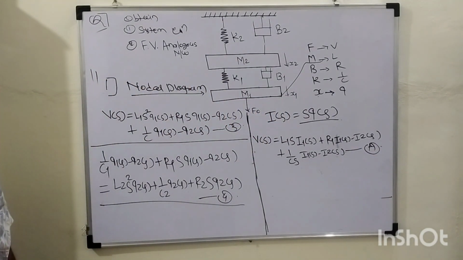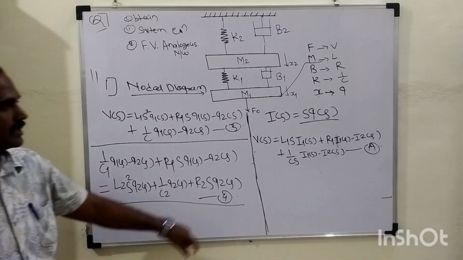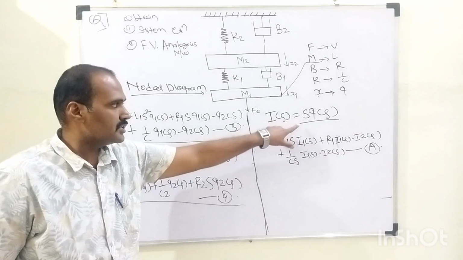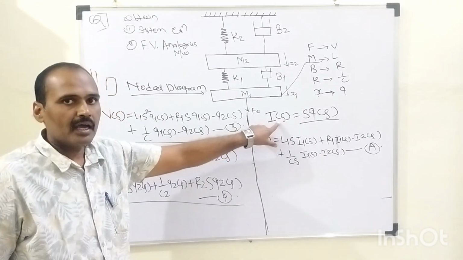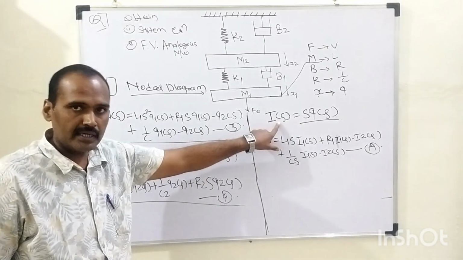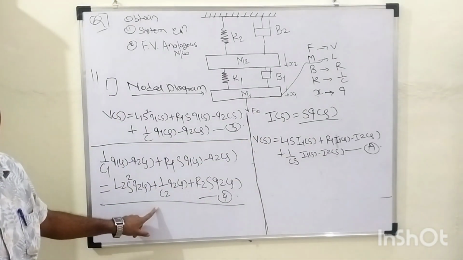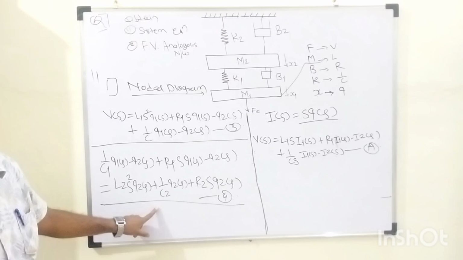How we are getting this capital A? By replacing this whole term S into Q according to the force voltage analogy. S into Q of S is nothing but I of S. The same terminology we need to use whenever we are dealing with this equation number 4, right?